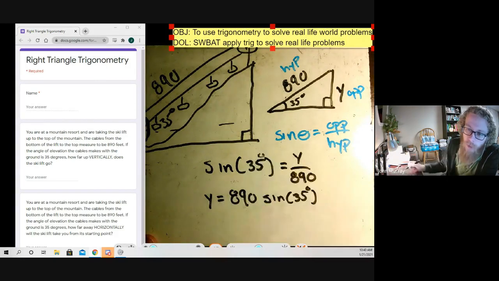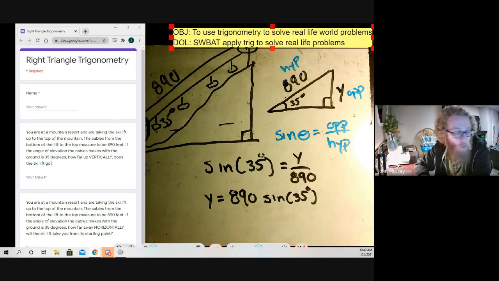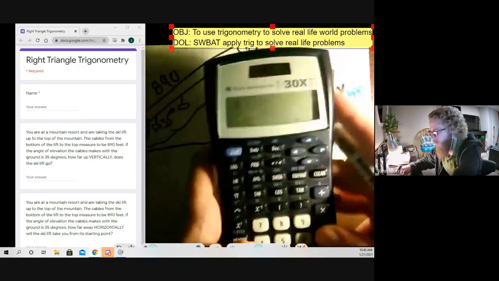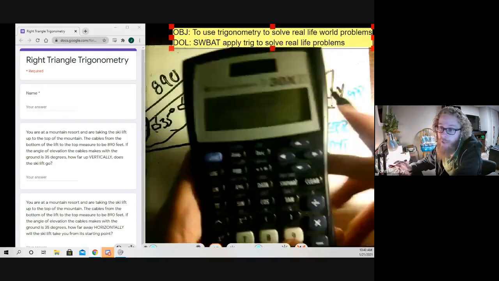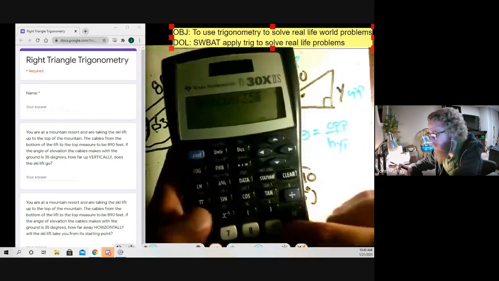I don't want to forget the degree sign. So we can calculate our y by doing 890 times the sine of 35. So we can type in 890 sine of 35. Make sure I am in degree mode. I am.